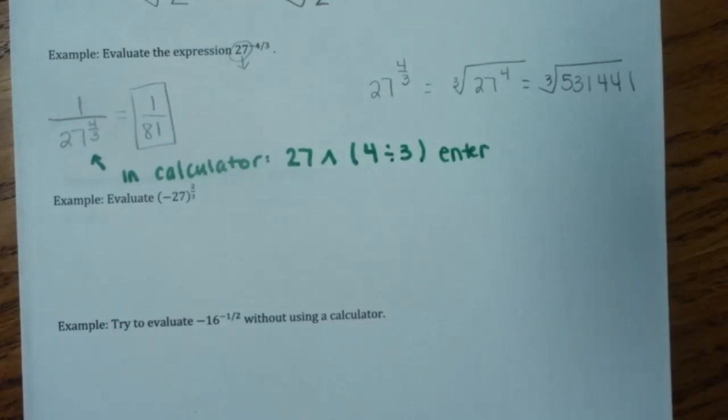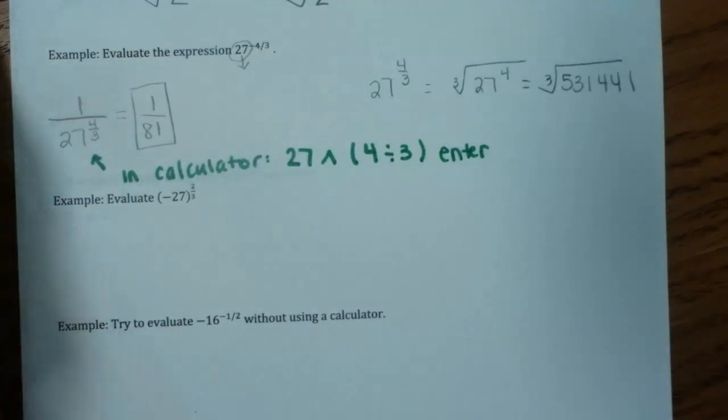Evaluate negative 27 to the 2/3 power. So, let's see. Let me just make sure that I'm telling you the right thing. Give me 2 seconds, just so I can see exactly how they want it in the homework.